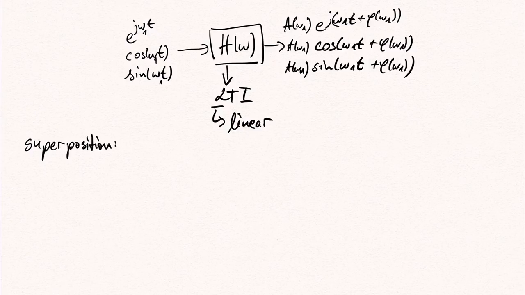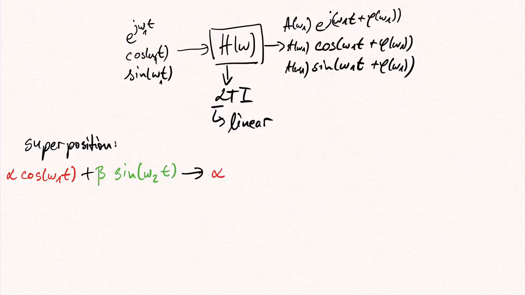To illustrate what that means, let's assume we have a different input signal now, which is a cosine with frequency omega 1 multiplied by some factor alpha plus a sine of a different frequency, maybe at omega 2, multiplied by some factor beta. Then, by the superposition principle, we can get the output of the system.